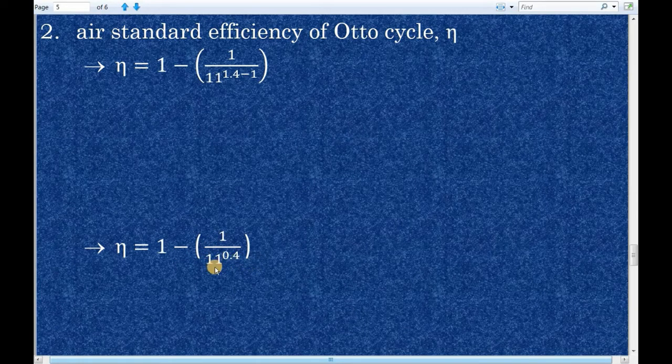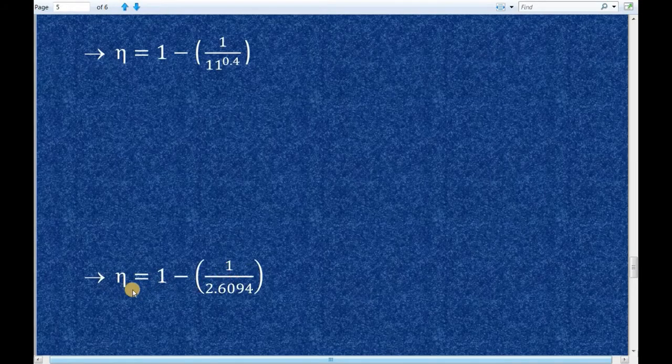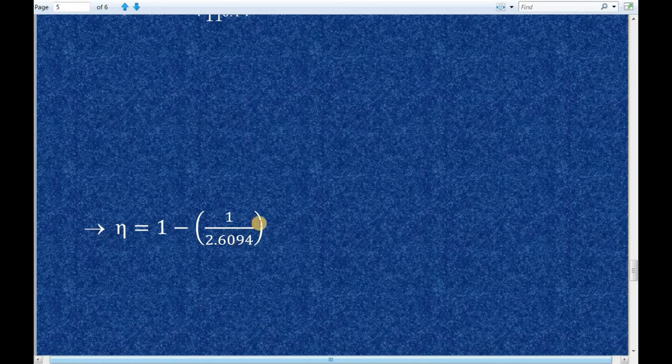Here 11 to the power of 0.4 is 2.6094. So eta is equal to 1 minus 1 divided by 2.6094.